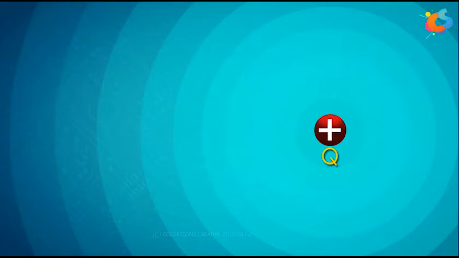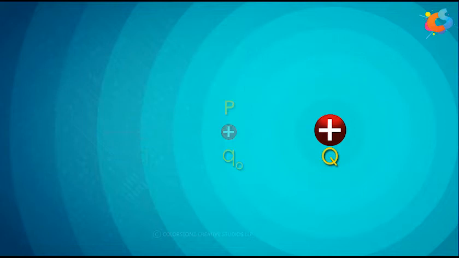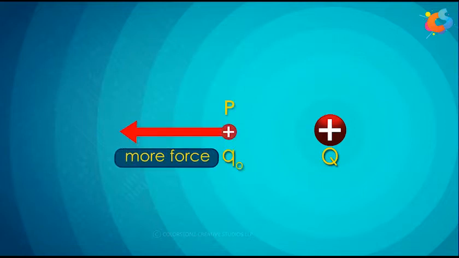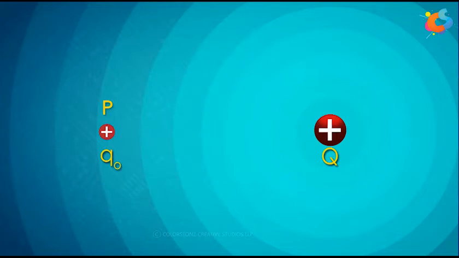Let me place the test charge at some point here. It will experience lesser force. So, the place where it experiences more force, it is supposed to have a greater electric field intensity, and the place where it experiences a lesser force, it will have a lesser value of the electric field intensity.